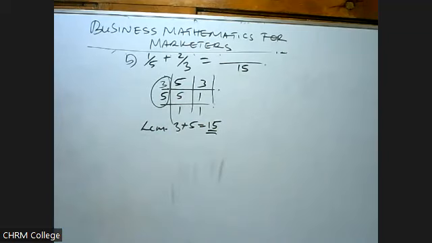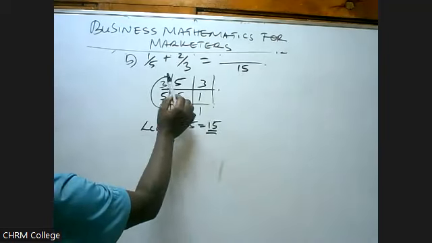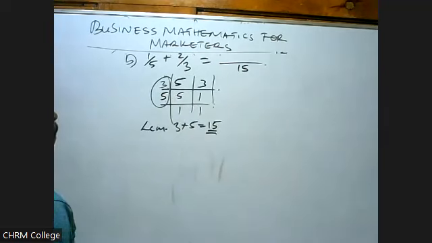Then what you do, the LCM is 15. So what do you think you are going to do? You take the LCM and you divide by the denominator of each fraction.